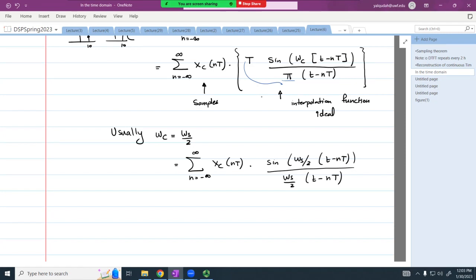So again, by default, the cutoff of the filter is going to equal omega s over 2. Makes sense? If I'm sampling at a certain rate, I'm going to design my filter to be at omega s over 2.